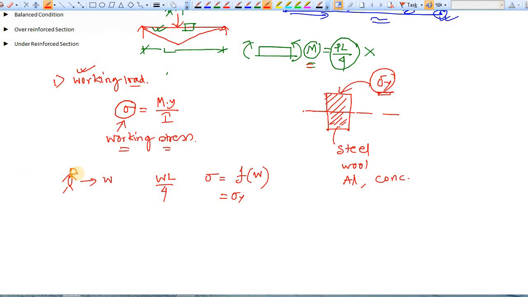Now suppose someone puts some weight in one of your hands. Obviously W becomes W plus delta W, and the stress becomes sigma plus delta sigma, which is greater than the yield stress, so this beam is going to collapse.